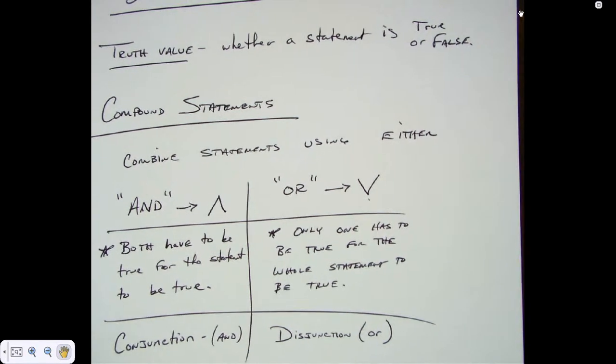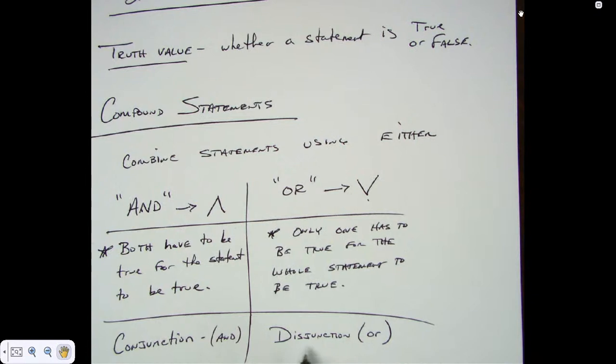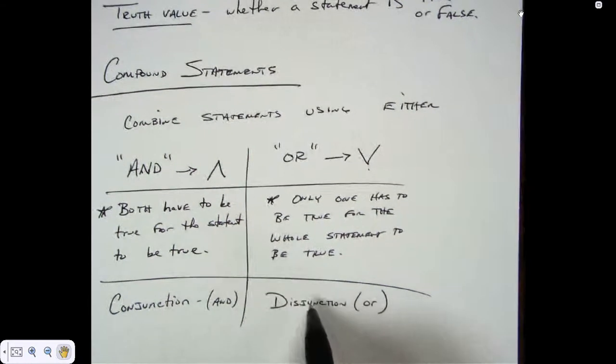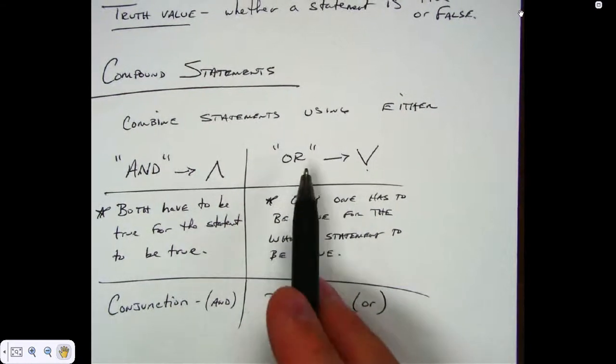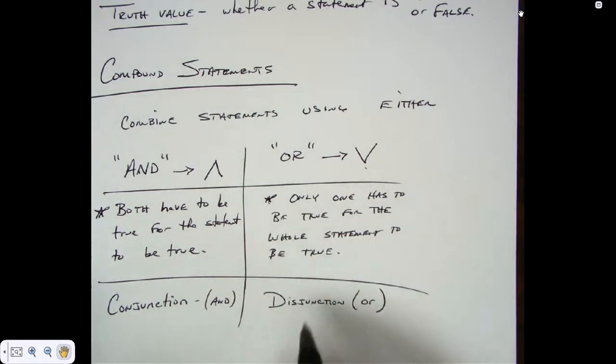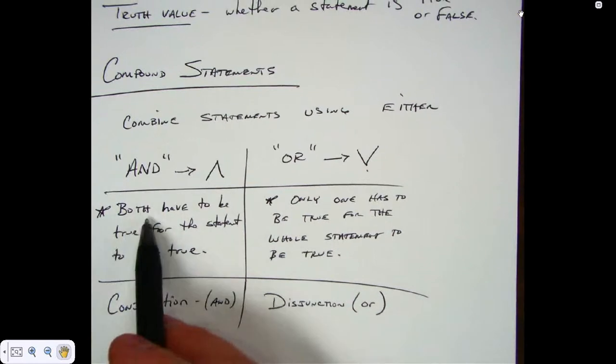What do you think of the word conjunction meaning? A conjunction of things. You combined them. Disjunction means they're separate. If you need a way to remember one from the other, with disjunction you only have to do one of the two, so they're kind of independent from each other. Conjunction, you have to do both.